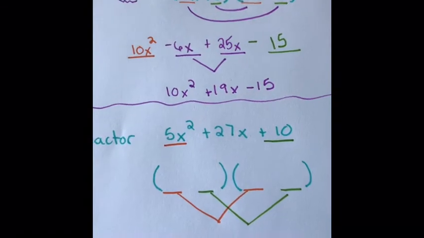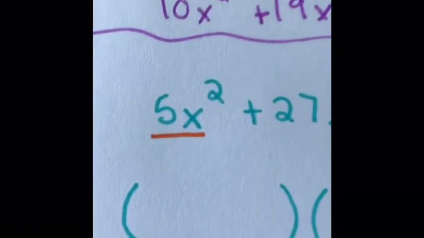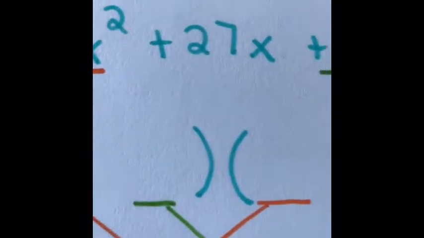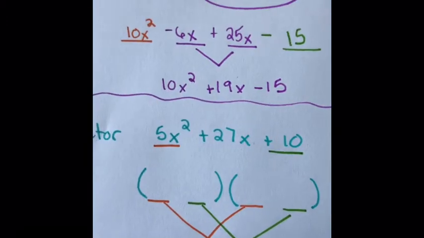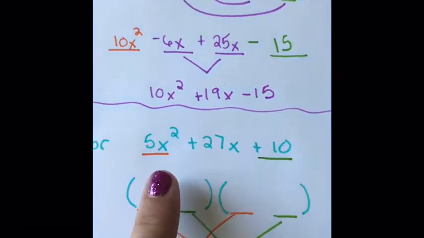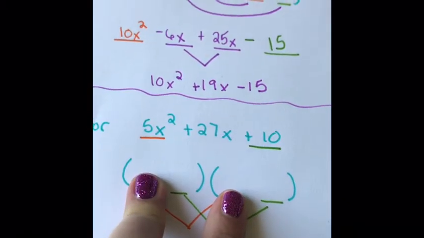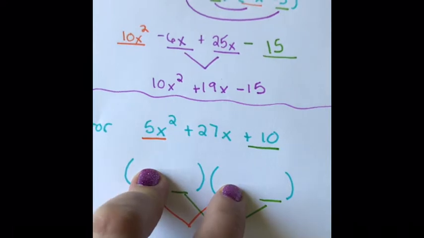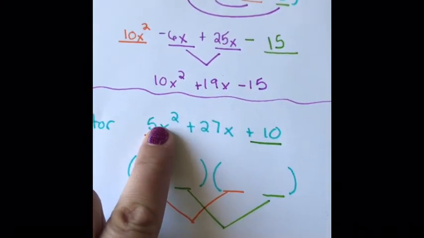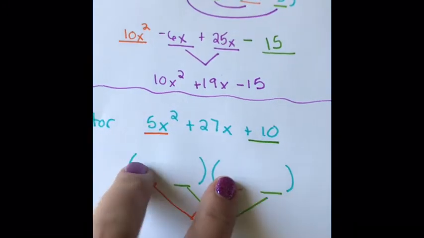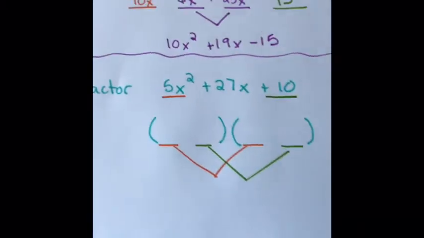So now we're going to use that same concept and work backwards to factor this trinomial, 5x squared plus 27x plus 10. So if you go back to FOIL, we know to factor a trinomial, it's a binomial times another binomial. When you multiply the first two terms, you always get the first term in your trinomial. So I know that the first two terms have to be factors of that 5x squared.